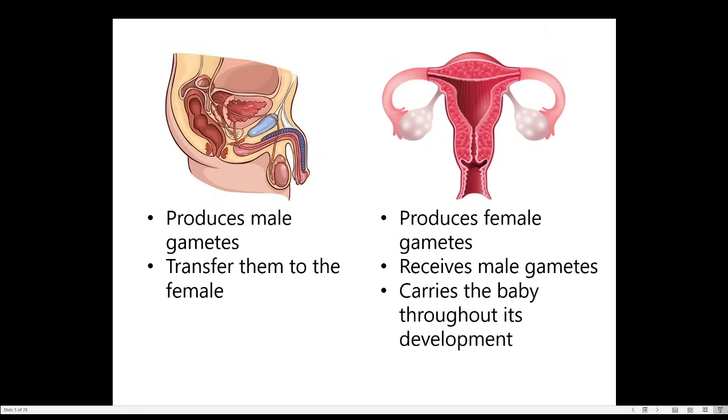It receives the male gametes, which are produced by the male reproductive system, and finally, it carries the baby throughout its development. There is only a need to carry the baby if the female egg cell is fertilized by the male sperm cell.